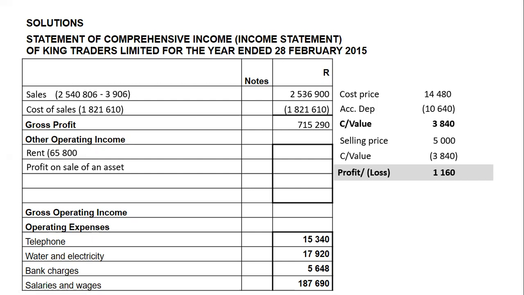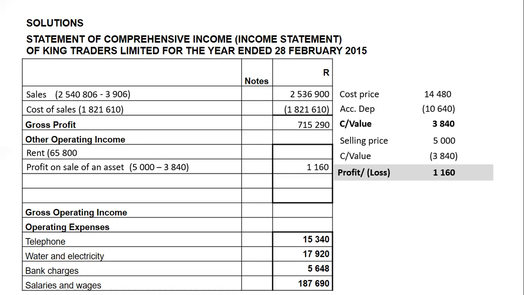However, the economic climate enables you to sell it at a higher price, meaning that you're selling it at more than what you expected from the asset, making a profit of 1,160. That profit will be recorded in my income statement as profit on sale of the asset.